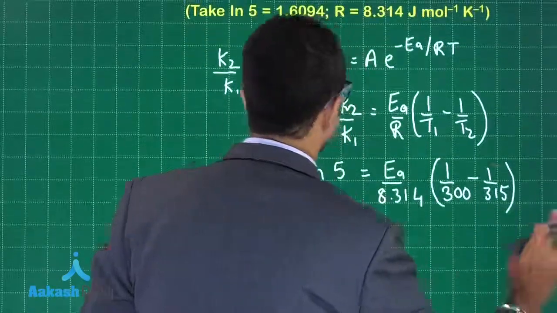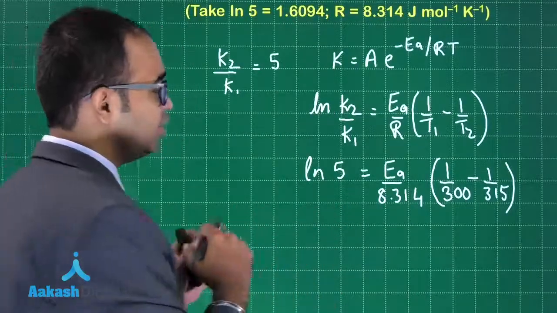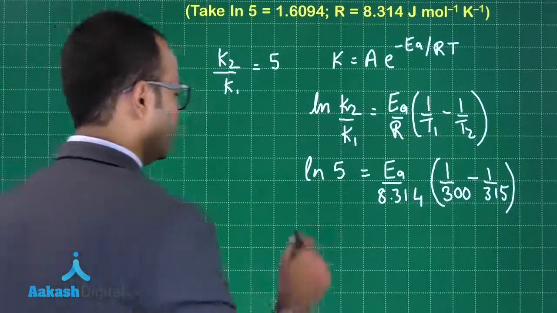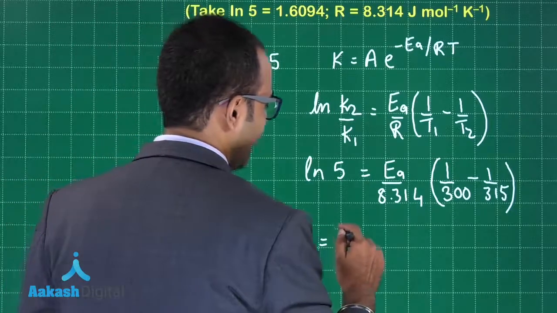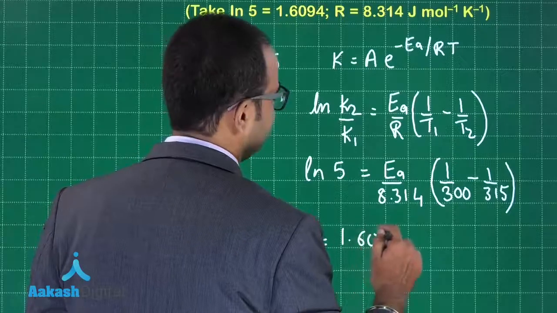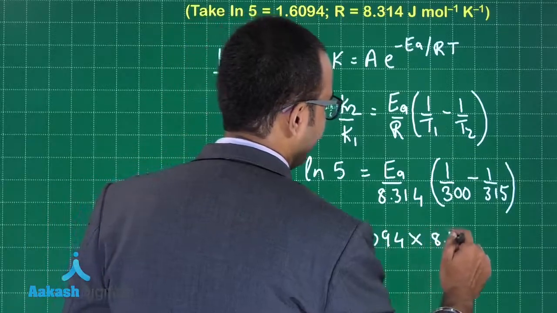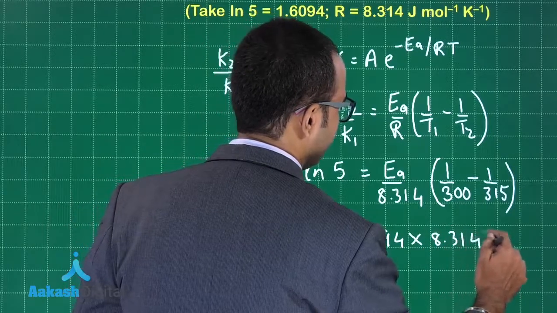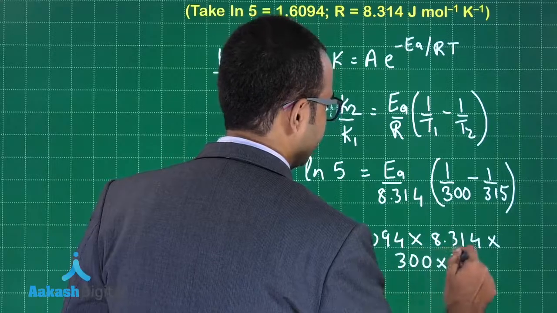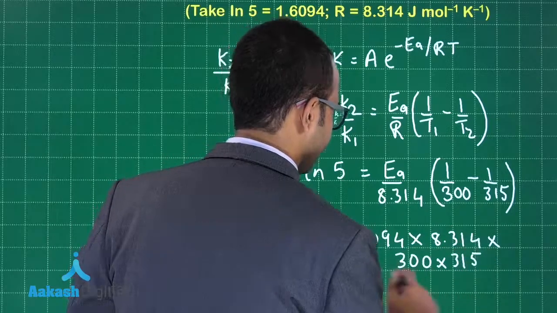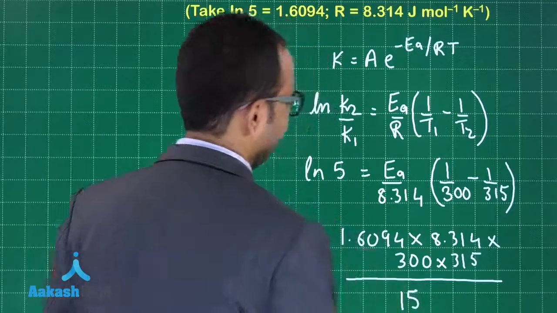So what we have to do is just take the values, put Ea on one side, take all the rest of the things on the other side. So what you will get? Ea is equal to ln 5, which is 1.6094, multiplied by 8.314, multiplied by 300 into 315, divided by 15.